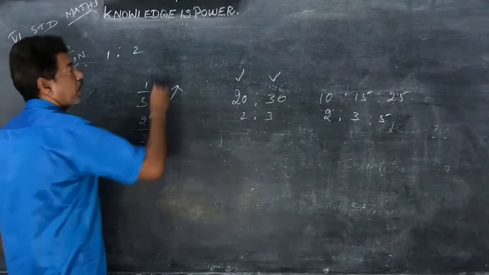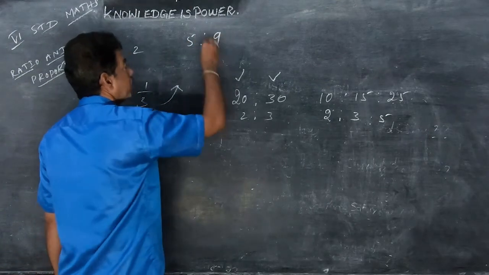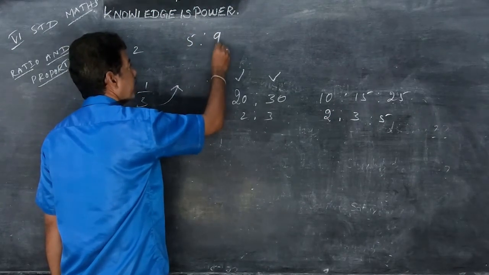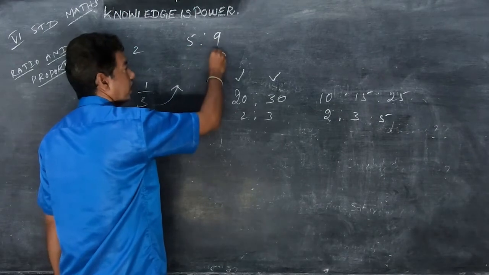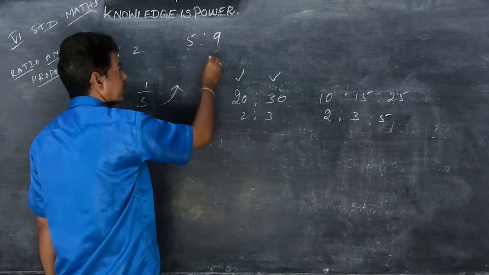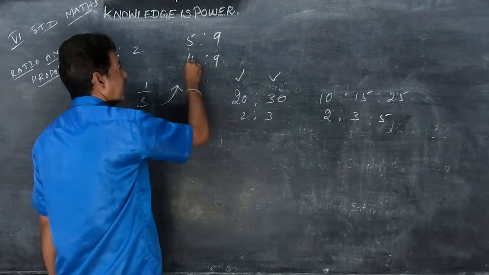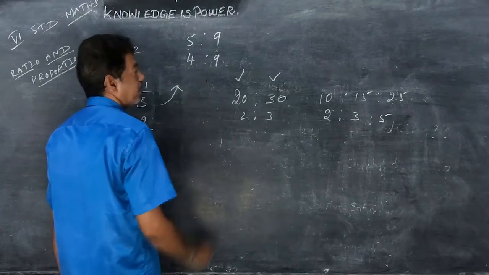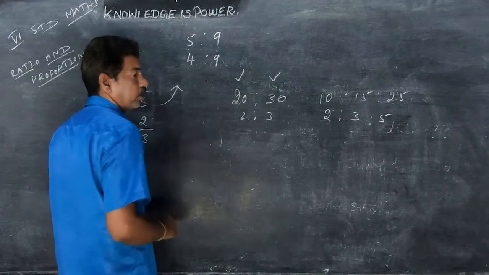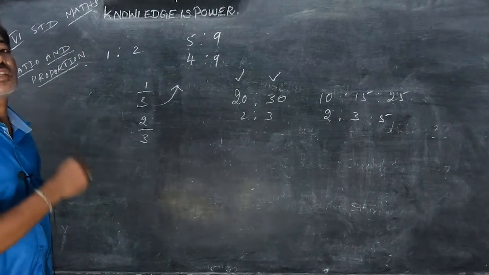Shade பண்ணது எத்தனை பார்ட்ஸ்? 5 பார்ட்ஸ். மொத்தம் 9ல 5 ஷேடட் பார்ட். 9 பாக்ஸில் 5 பாக்ஸ் ஷேட் பண்ணியிருக்கு. சரி, இப்போ டோட்டல் கூட கம்பேர் பண்ணுறோம். அன்ஷேடட் 4. Okay, there are 4 boxes which are unshaded. What is the meaning of that? So this is the situation.